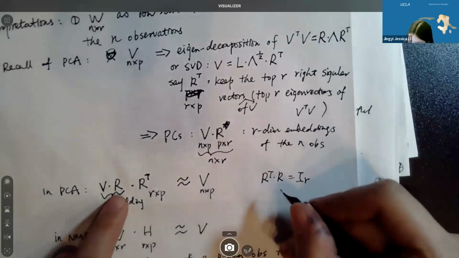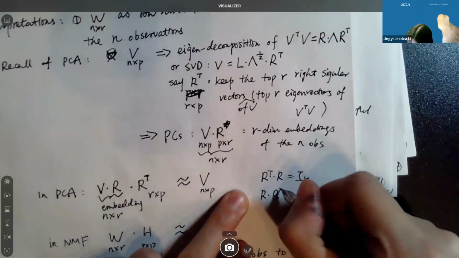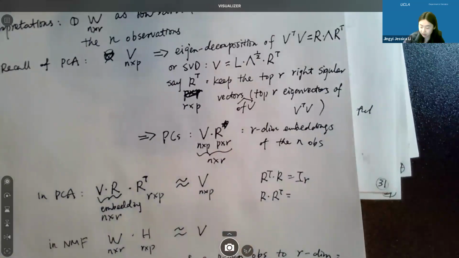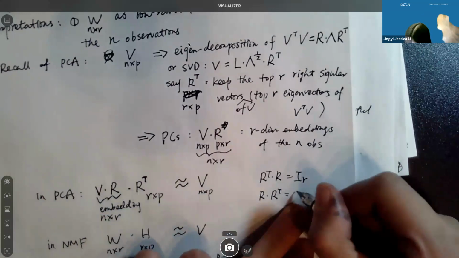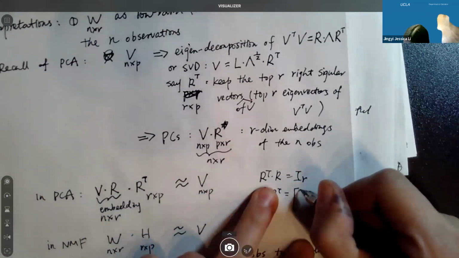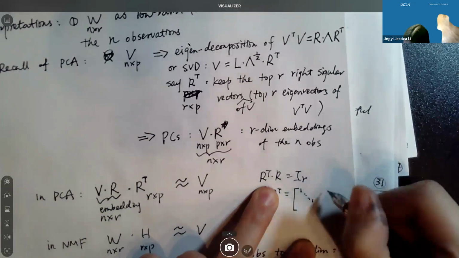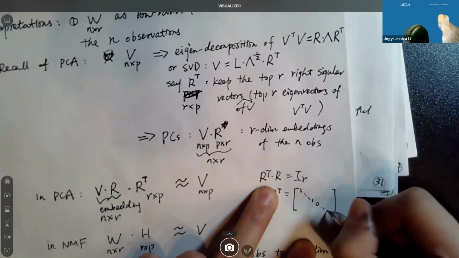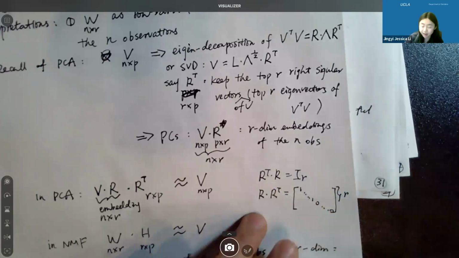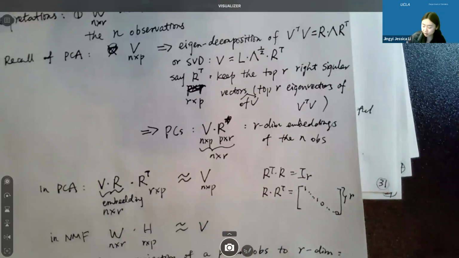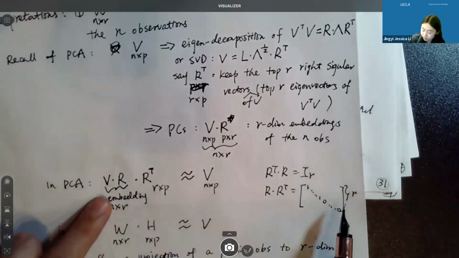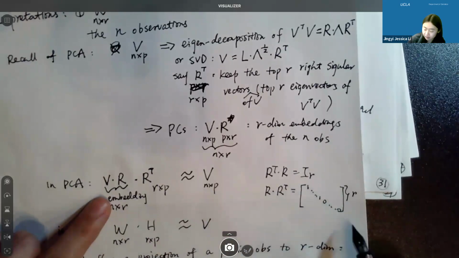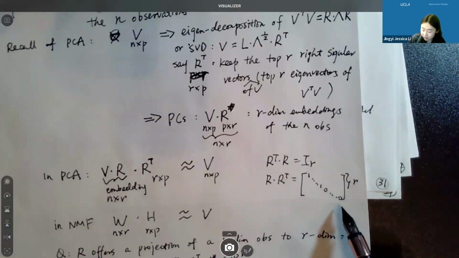And also for R times R transpose, it's not exactly a p-dimensional identity matrix because we keep the R less than P. So it's not full rank. So what we have is just R ones in the diagonal, the rest are 0. So matrix like this. That's why I'm saying that this is just an approximation, because you cannot fully restore the identity matrix. So that's the thing we have here.